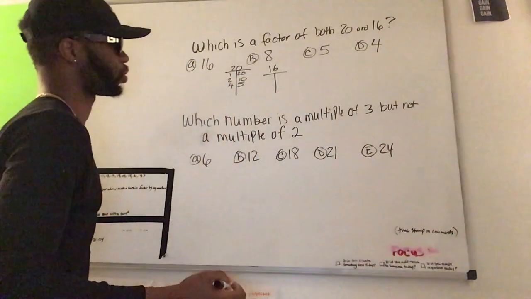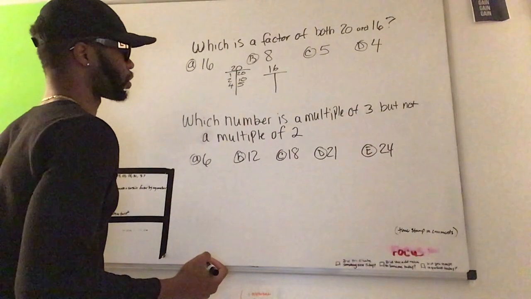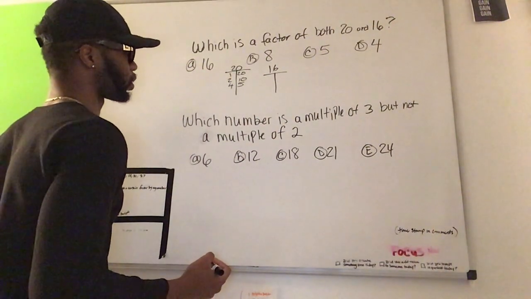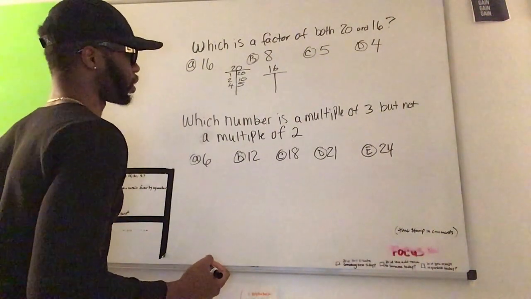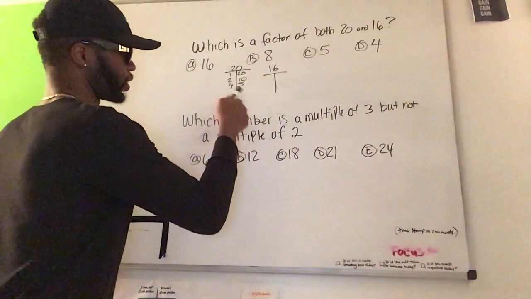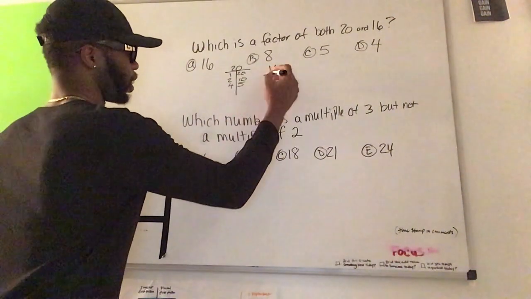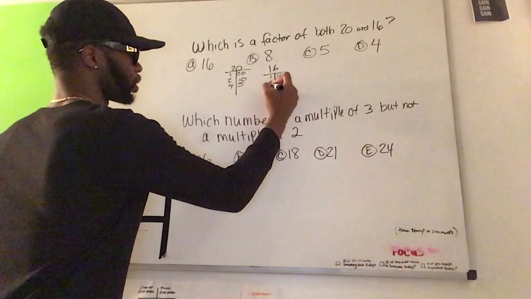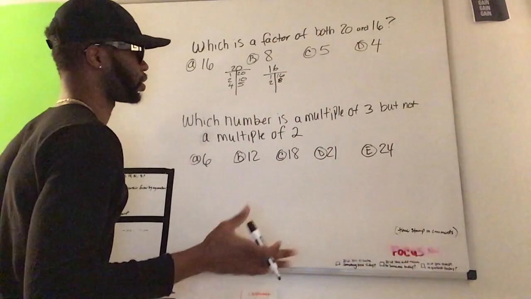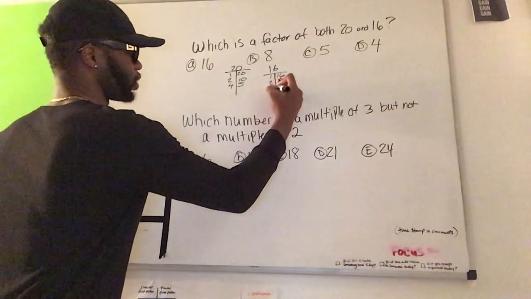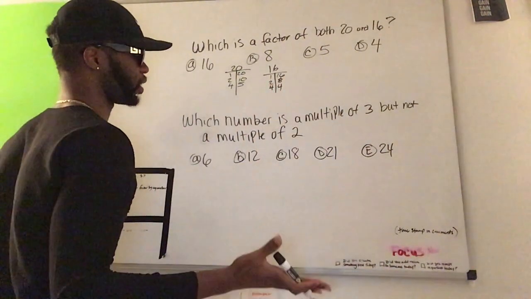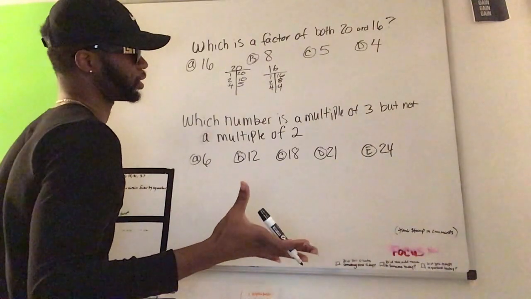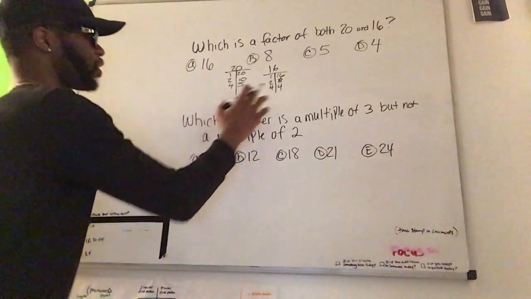Those are the factors of 20. Now 16: 1 times 16, 2 times 8, 3 times something, nope. 4 times something, yeah, 4 times 4. 5 times something, nope. 6 times something, nope. So those are the factors for 16.